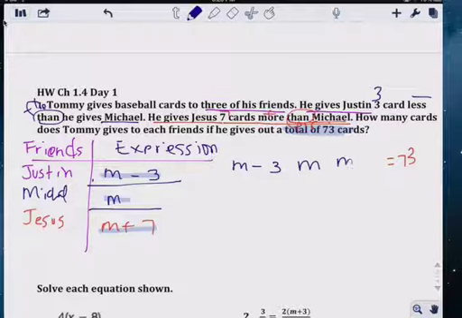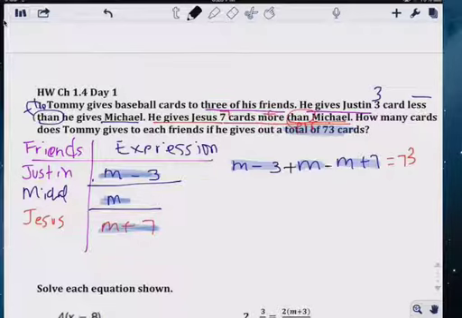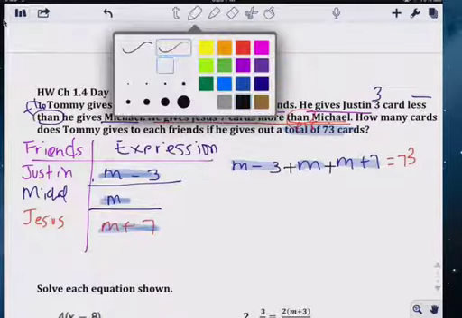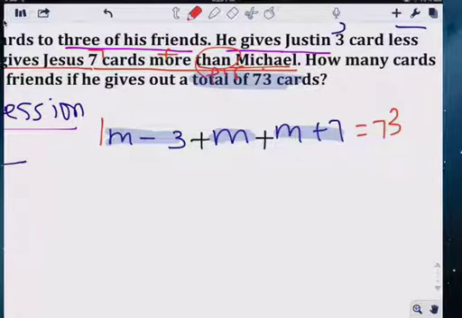Those three expressions. And then we put plus in between them, and then we combine like terms. These M's don't have numbers. They're an invisible 1, remember? Let's combine all the M's together to make 3M's.